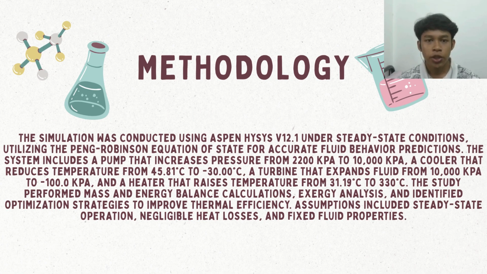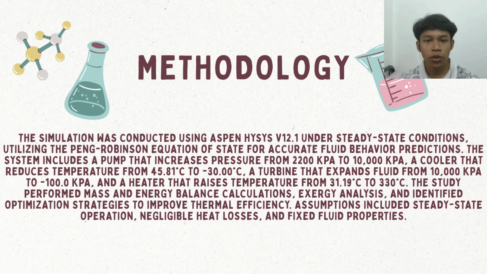So moving to methodology, the simulation was done using Aspen HYSYS version 12.1 under steady state condition. We use the Peng-Robinson equation of state to predict the fluid behavior accurately. The system includes four main components. First, a pump that increases pressure from 2200 to 10,000 kilopascal.